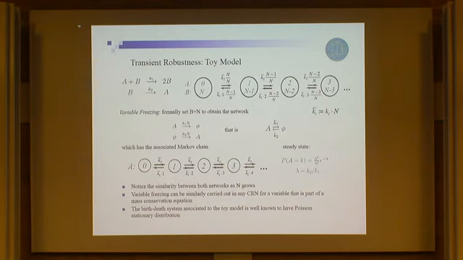Okay, so we need a systematic way to go from here to here for other chemical reactions. So here's one way to do it. Formally set b equal to n. I know it's a weird thing, I'm completely taking it out of my hat, but let's just say. And then because b equal to n is not a species anymore, it's now more of a parameter, so we can take it out of the system. This reaction does not have b anymore, but it's just a goes to 0, and the rate got incorporated in n.